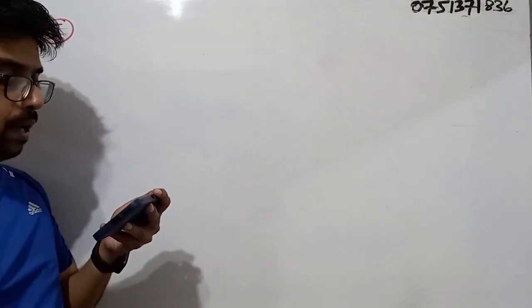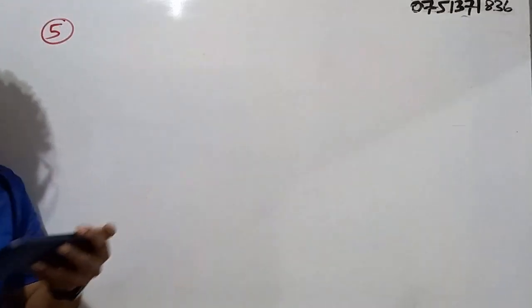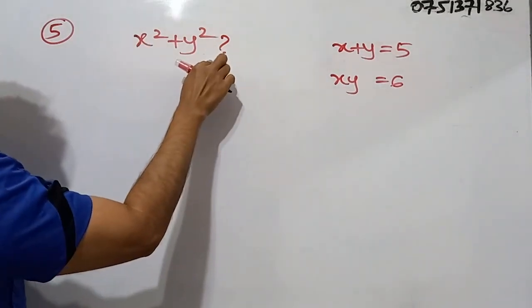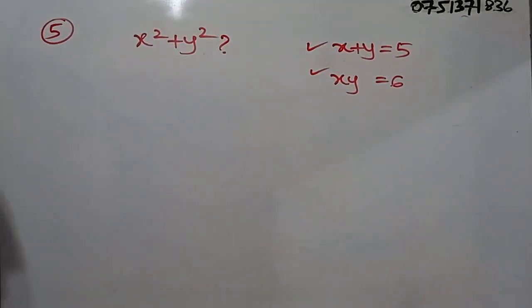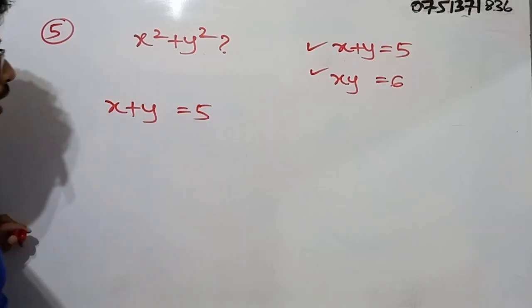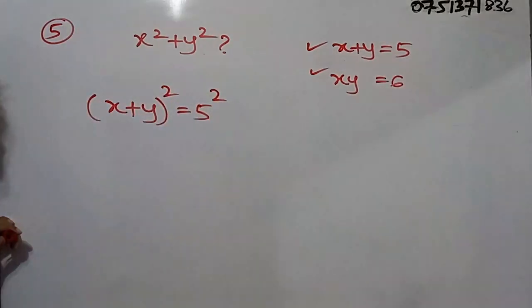Right, next question. Find the value of x squared plus y squared when x plus y is equal to 5 and xy is equal to 6. Right, so this is the expression that we need to find the value of. So these are the values that have been given to us. We know x plus y is equal to 5. So we will square both of these sides.